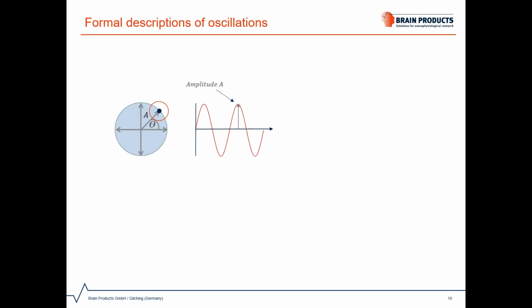This oscillation can be represented as a vector on a circle. And the vector has a length that corresponds to the amplitude of the oscillation, and it points into a direction at an angle that corresponds to the phase at the origin of the oscillation. We denote amplitude here with A and phase angle with theta. We can uniquely describe this vector by using a coordinate system.